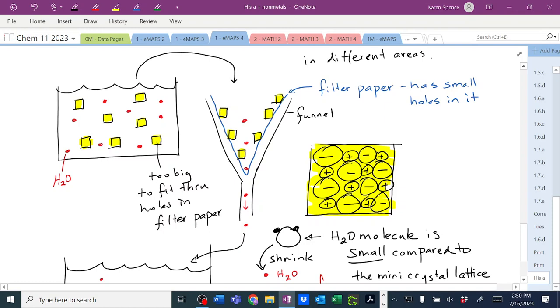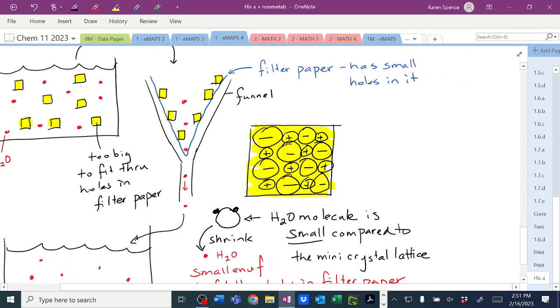I could break each individual ion off. Now, of course, these are welded on here, so I can't do it. But if I was to pull off one of these little ions, would it fit through the hole? Yes, it would. So what happens is when the calcium hydroxide dissolves, some of the calcium hydroxide dissolves.